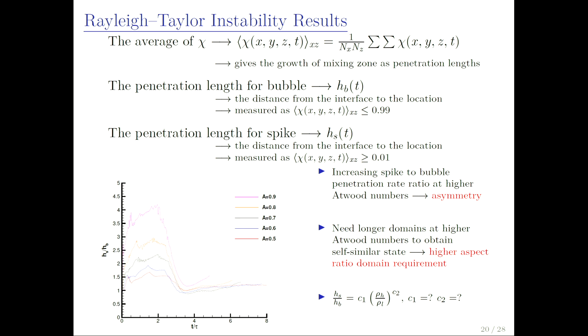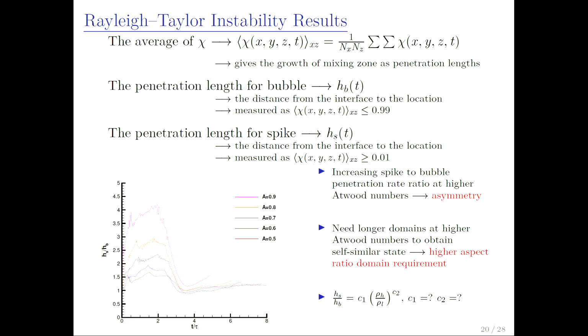If you take the average of the local mole fraction, this gives you the penetration length for bubble and spike. I take the ratio here, HS divided by HB. There are 2 findings here.